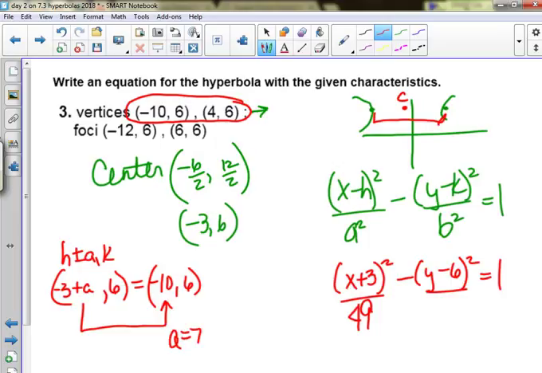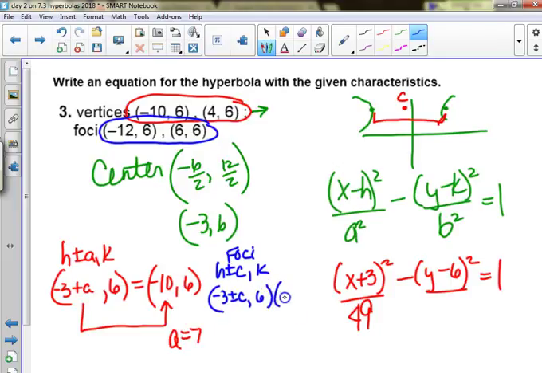What about foci? Anybody tell me what C is just by looking at them? The difference between those is twice the foci, or twice C, I mean. Okay, but if we use the equation, the foci are at h plus or minus C comma k, which would be -3 plus or minus C comma 6, and one of them is at -12, 6.